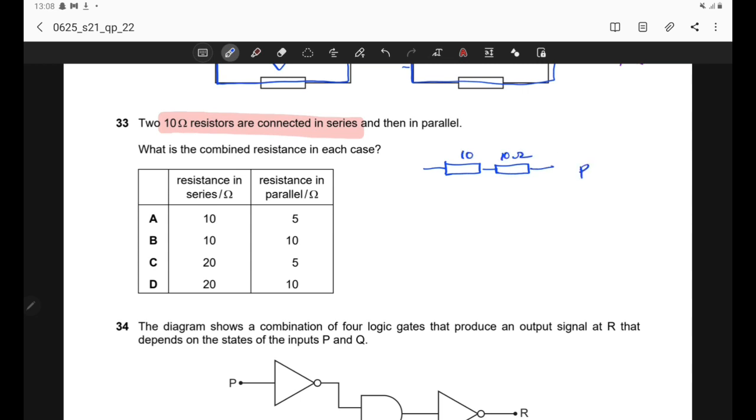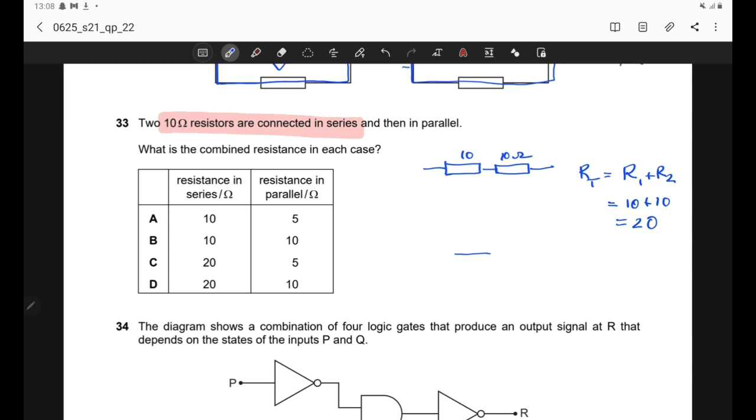The equation for the combined resistance for a series connection is R total equals R1 plus R2. We simply add, 10 plus 10, so we will get 20 ohm. That is the R total when the resistors are connected in series.